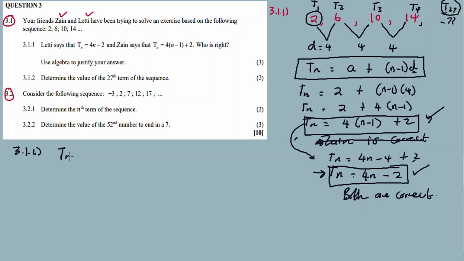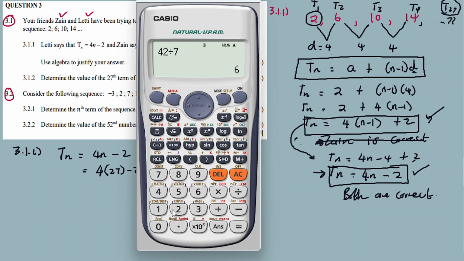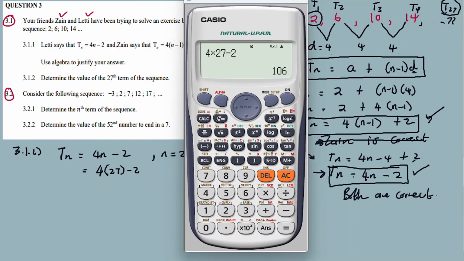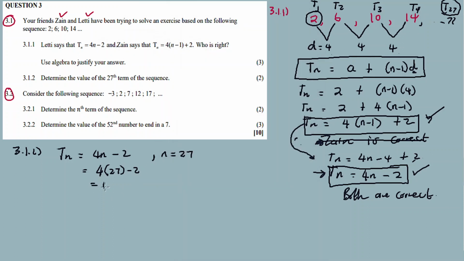Let's use Leti's: 4n minus 2. We want the 27th term, which means n will be equal to 27. So it's 4 times 27 minus 2, which is equal to 106. I mean 206.